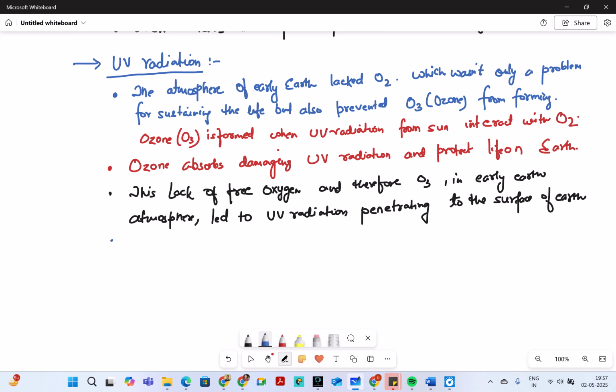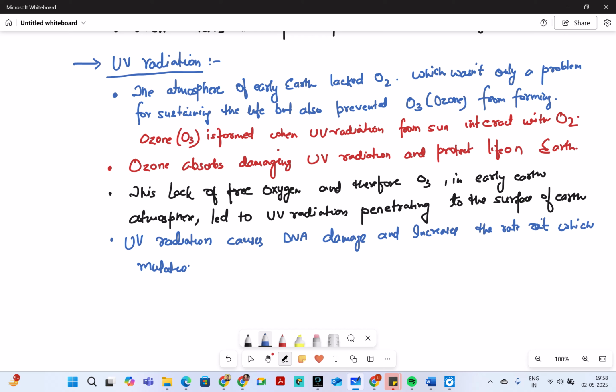continuation of this UV radiation causes DNA damage and increases the rate at which mutation occurs.